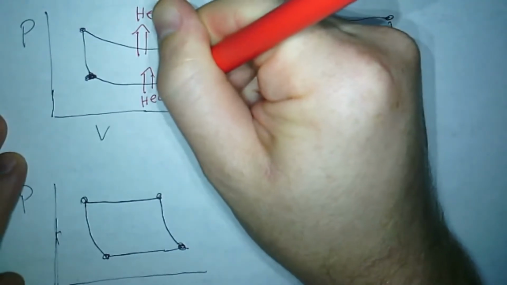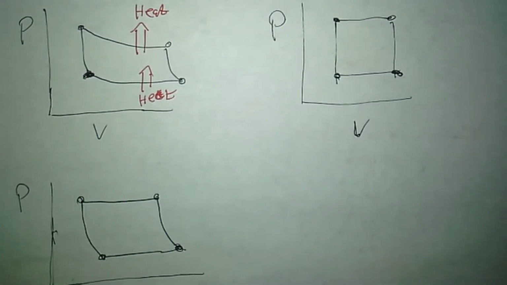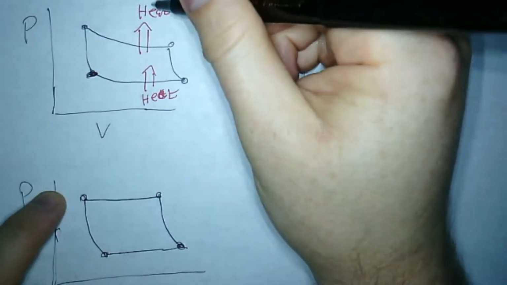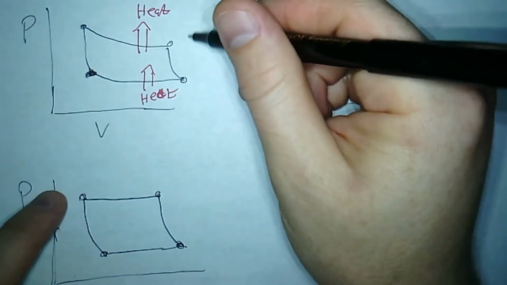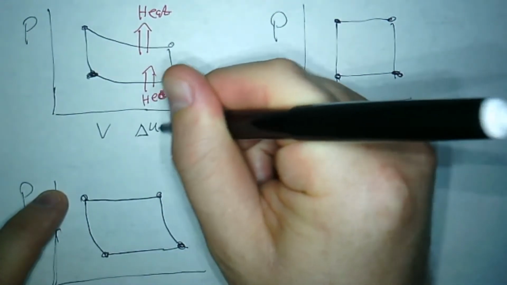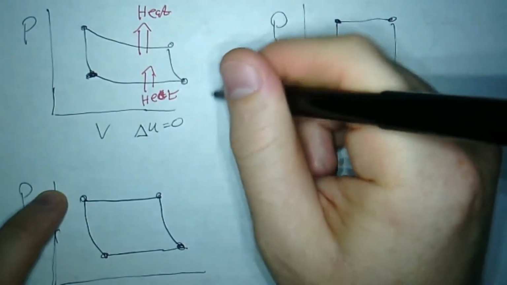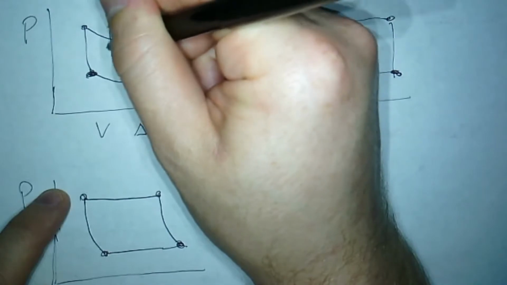Because I know that an isotherm is probably the easiest one to do this on. For an isotherm, I know that the change in internal energy is 0, which means that my work must be going this way.